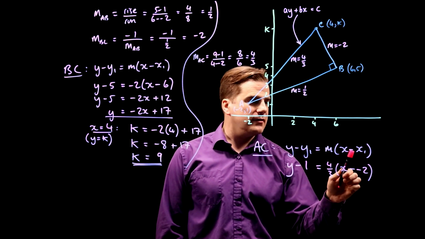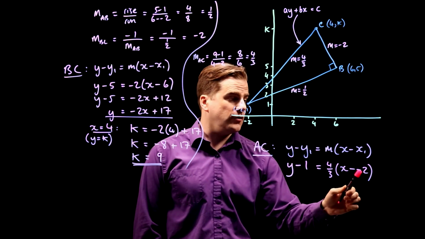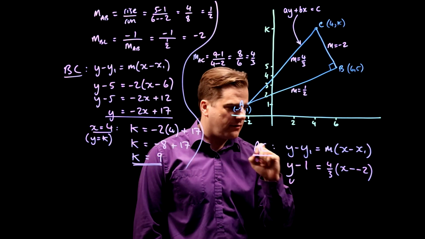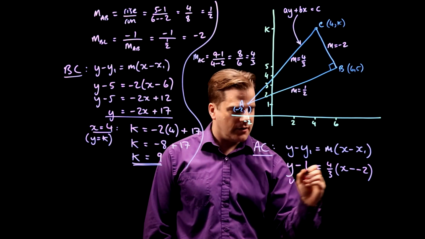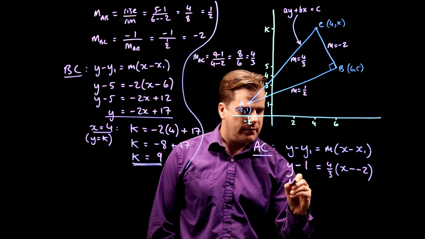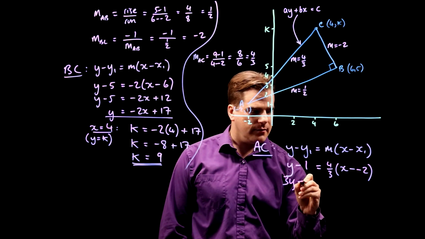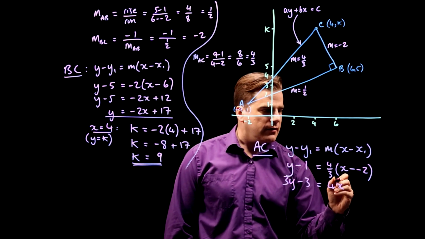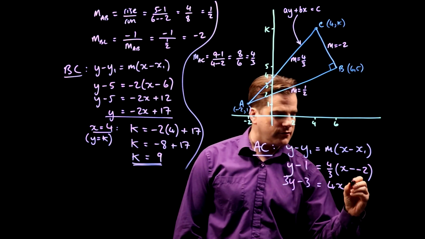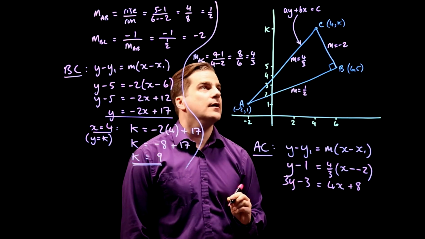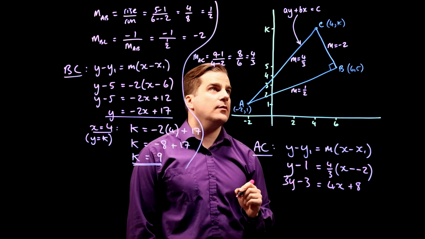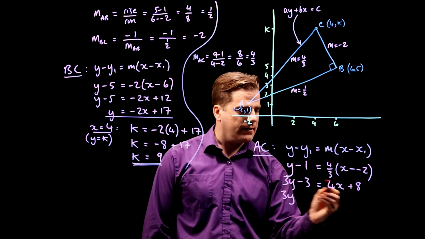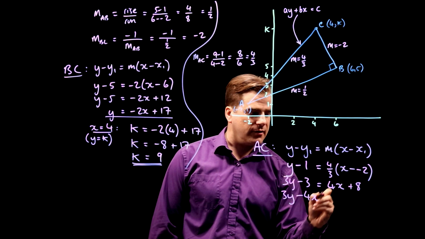There's that minus sign and there's that minus sign. They're two minuses. So let's multiply everything by 3 and multiply that out at the same time. So we get 3y minus 3 is equal to 4x plus 2 times 4 is plus 8. Right, it wants it in this form. So ay plus bx. So it's going to be 3y minus 4x. Let's bring the 4x over here.